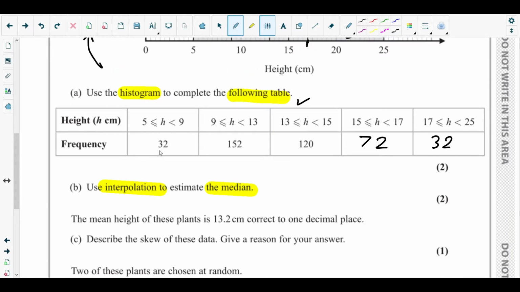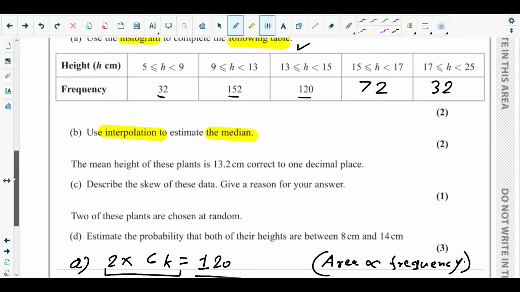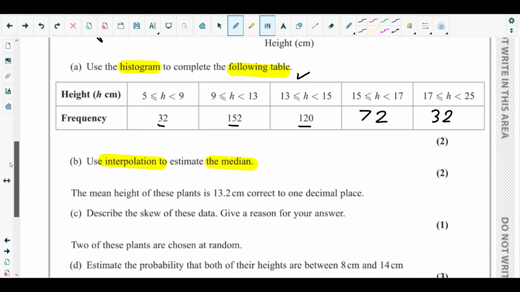Look, this is 32 plus 152, which is 184. 184 plus 120 is 304, right? We need 204.